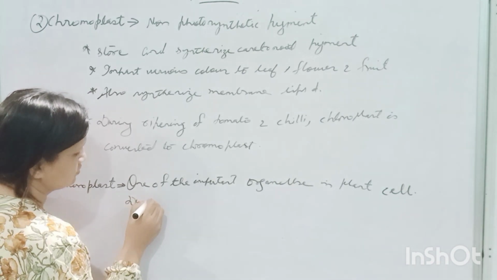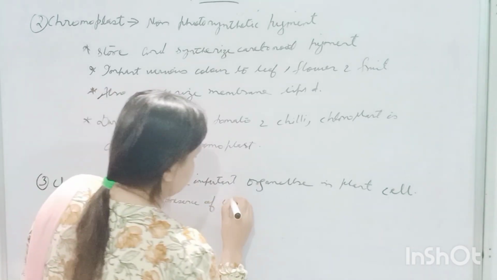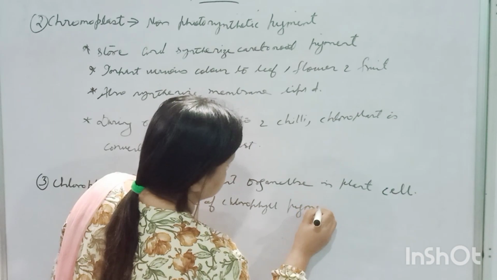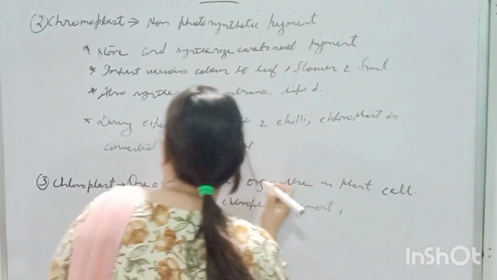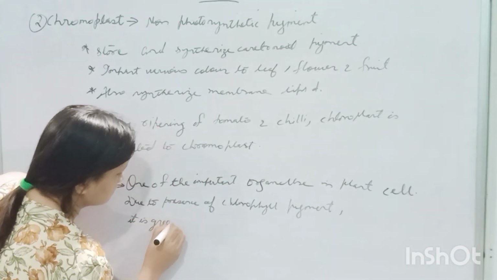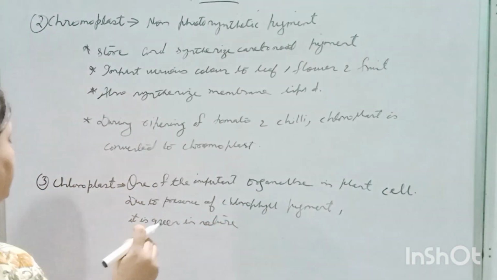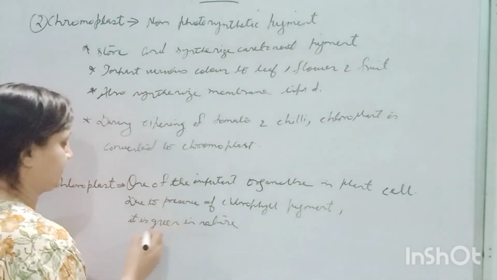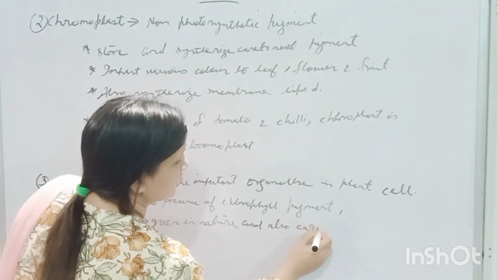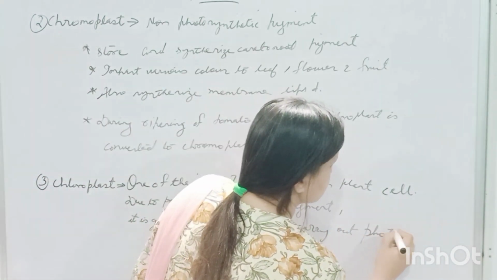Due to the presence of chlorophyll pigment, it is green in nature, or imparts green color to leaves, and also carries out the photosynthesis process.